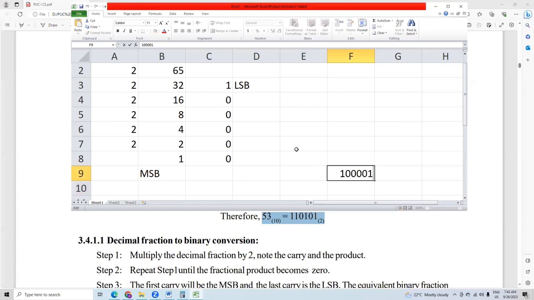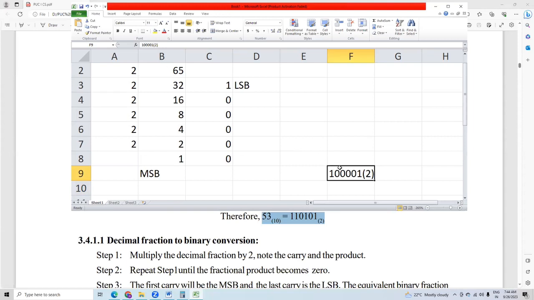Always writing the base is very important. This is Excel, so making it a subscript needs some settings. Okay, leave it, no problem.